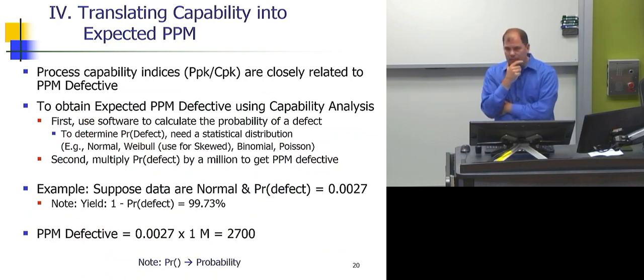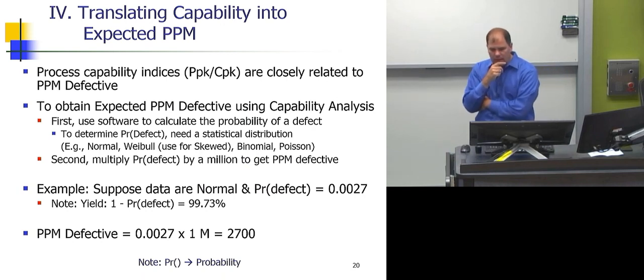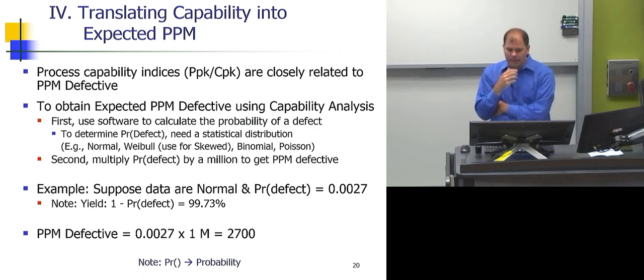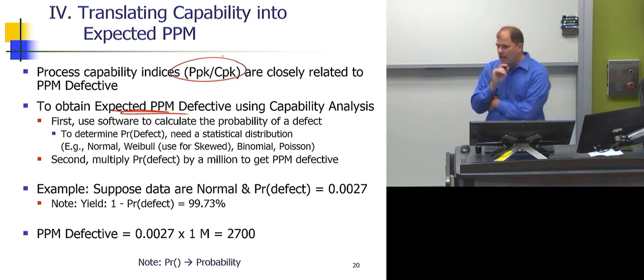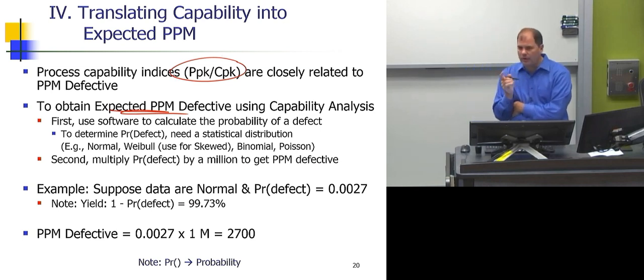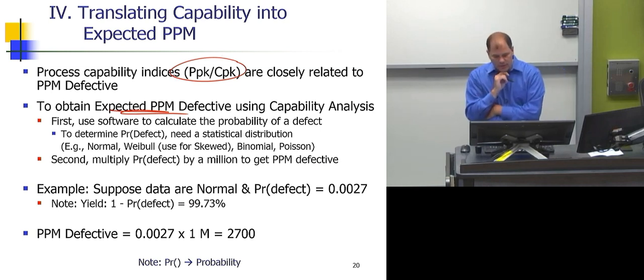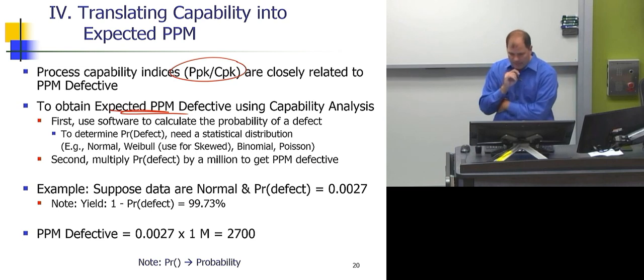I want to talk about the link between the indices and the expected PPM. PPK and CPK numbers are going to be linked to the expected PPM.